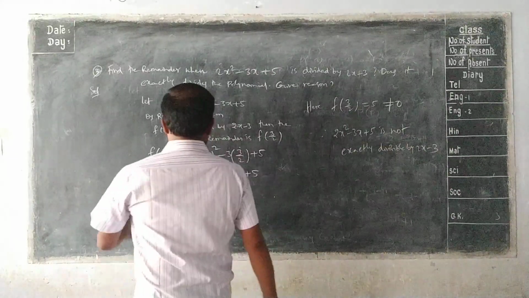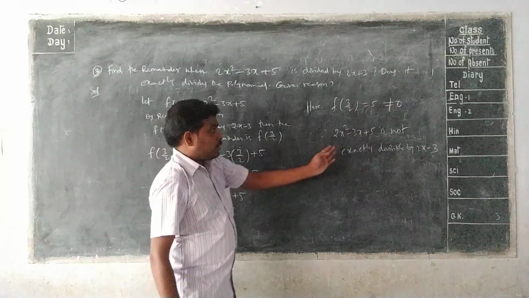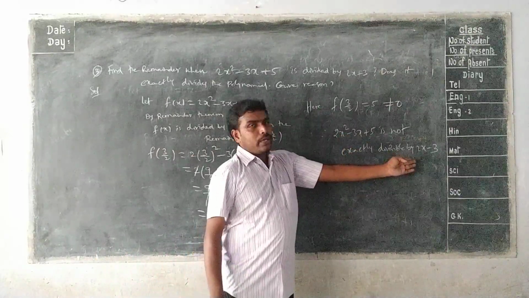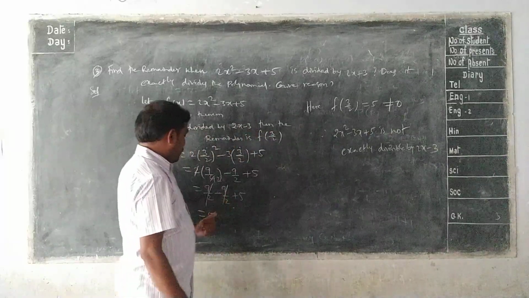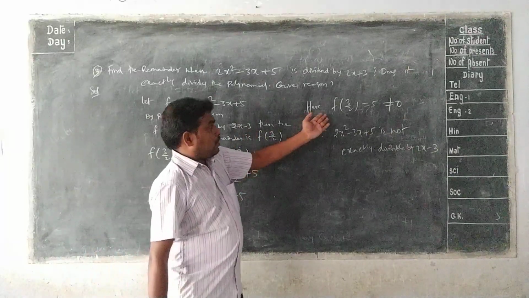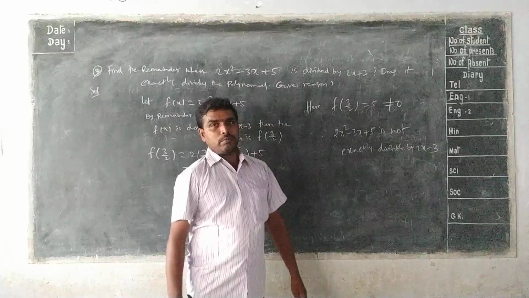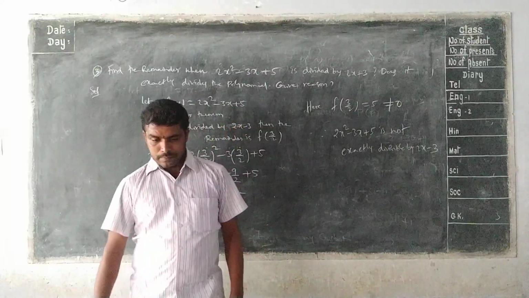So why? Because if the remainder is 0, then this polynomial is exactly divisible by 2x minus 3. Here we are getting remainder is 5, that's why it is not exactly divisible by 2x minus 3.